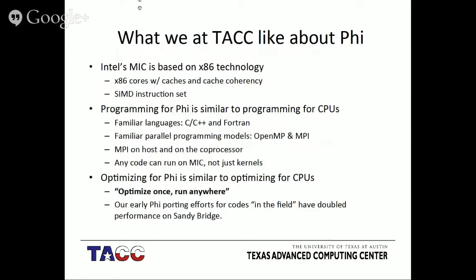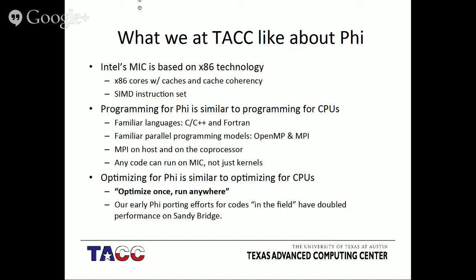So the good things about the Xeon Phi are that it is x86, a technology that we are all familiar with. You can stick to your familiar languages. You don't have to learn another language like CUDA or OpenCL. You can use the parallel programming models that you're used to. MPI is always there.